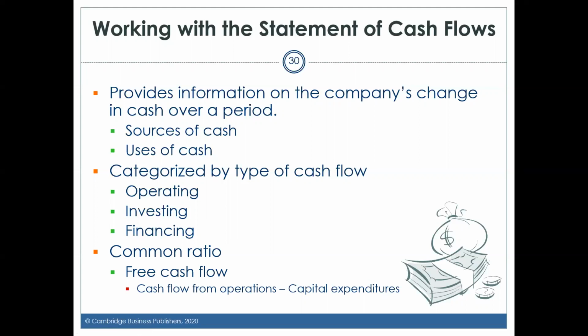So we take our net cash flow from operations from the operating section, the bottom line number from this section on the statement of cash flows, and we go find any of those cash outflows in this section. We subtract those. Oh, there's a caveat. In the investing activities section, there's inflows and outflows from purchasing or selling long-term assets. The capital expenditures are only those outflows from purchasing property, plant, and equipment.